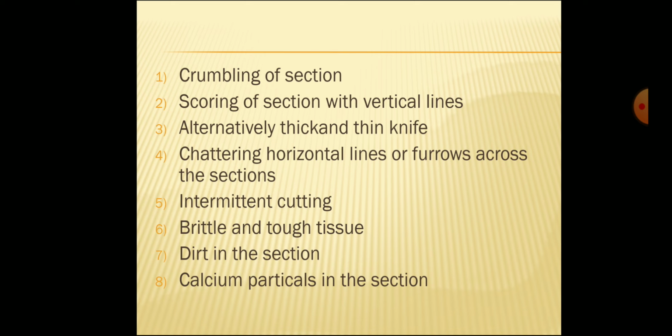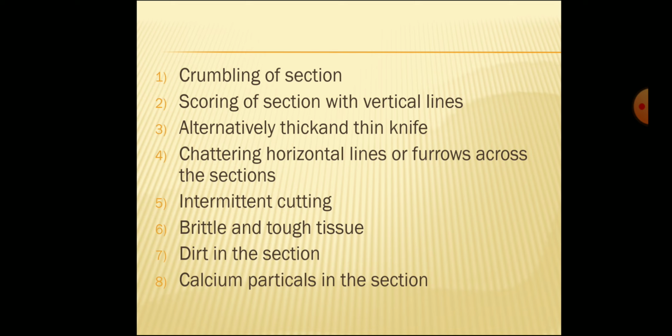In such a way, for cutting of the section, this step is very important. If section cutting is not proper, proper staining does not occur and the result is not good. So to remove the problems in section cutting, avoid such causes and use the treatments, such as removal of the alcohol, sharpening of the knife edge and arrangement of the knife angle.